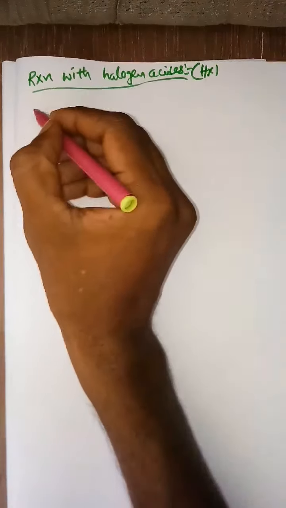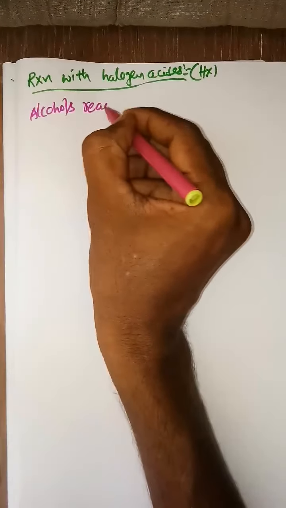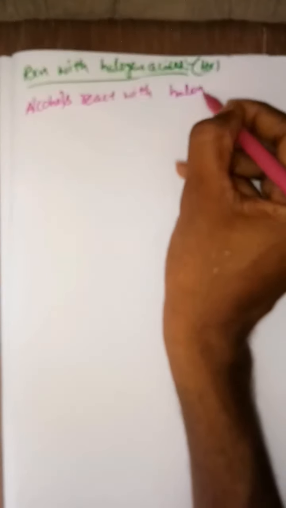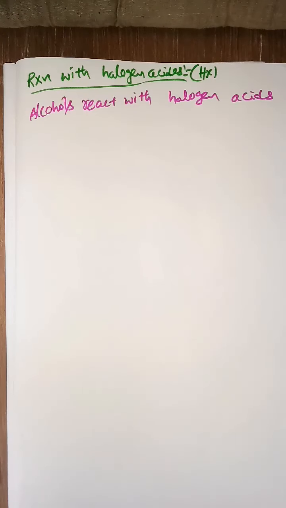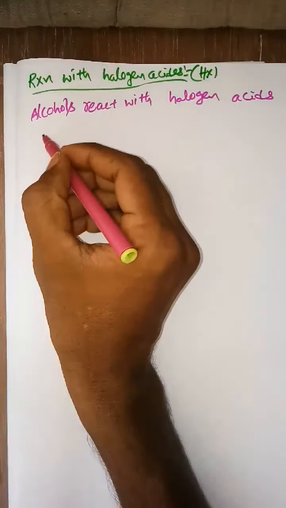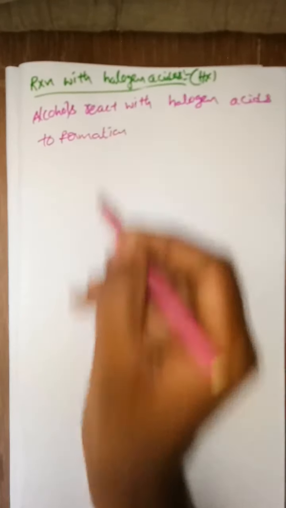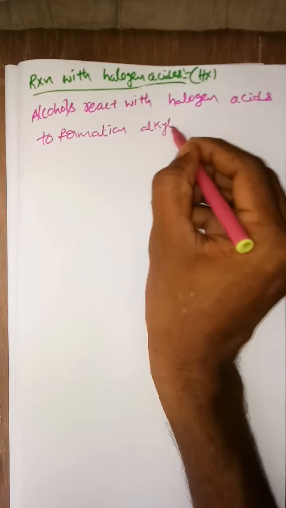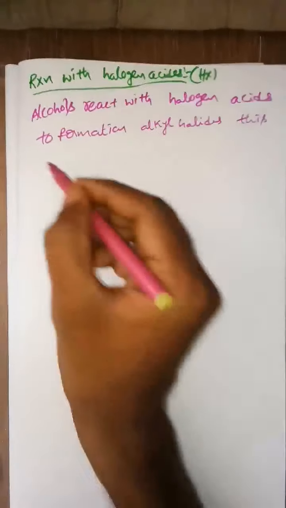When alcohols react with halogen acids, they form alkyl halides.